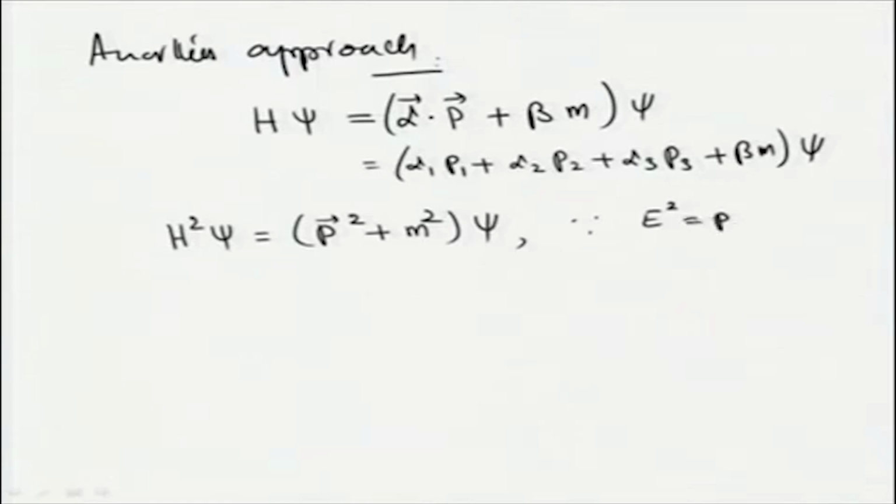So, E square is equal to P square plus m square is what we have.